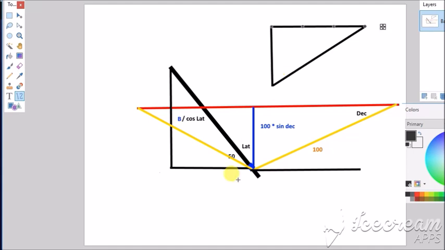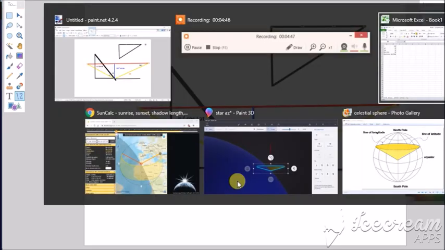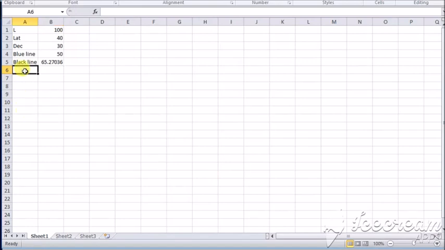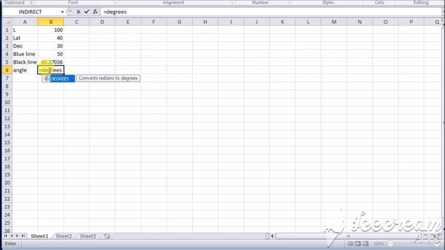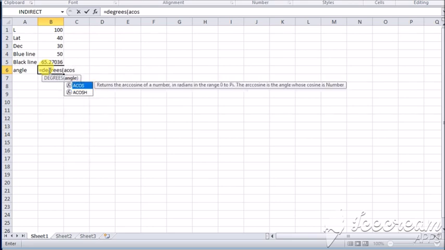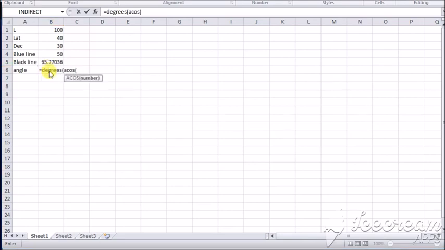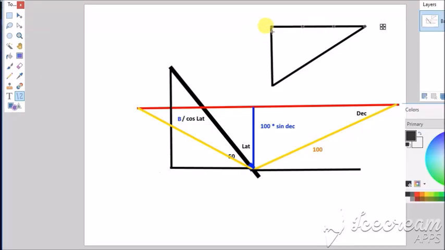So let's go to the Excel, and the angle equals degrees of a cosine of the black line divide 100 to get me this star rise angle.